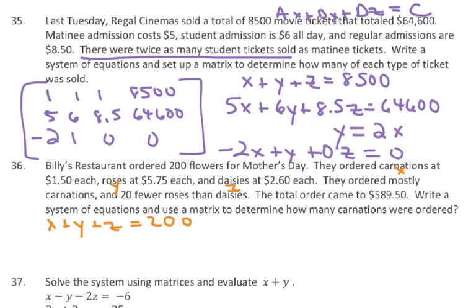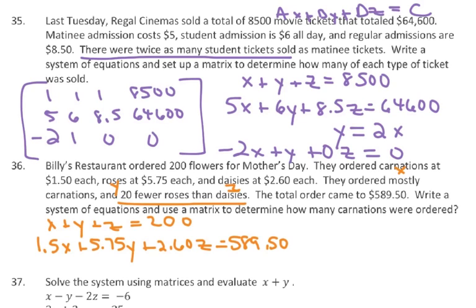The second equation has to do with the amount of money in the order: $1.50X plus $5.75Y plus $2.60Z equals $589.50. The third equation has to do with the fact that they ordered 20 fewer roses than daisies. So the number of roses, Y, has to equal the number of daisies minus 20.